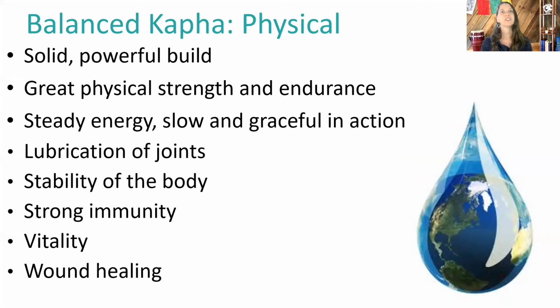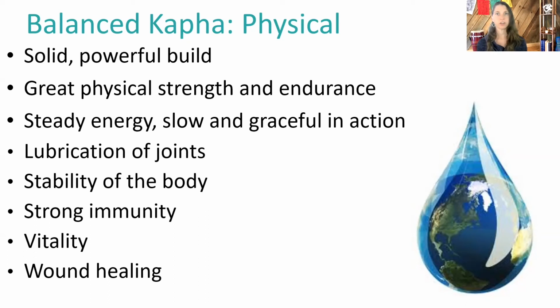When kapha is physically balanced, their build is solid and it's powerful. If you think about athletes, our athletes are oftentimes kapha. They have great physical strength and endurance. Their energy is more steady, and they're slow and graceful in action.